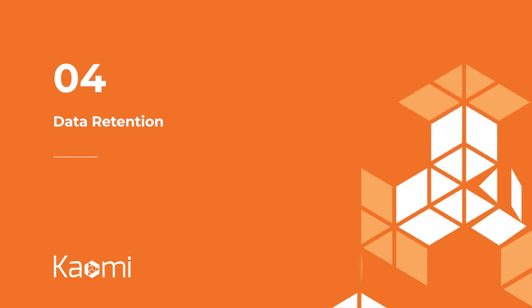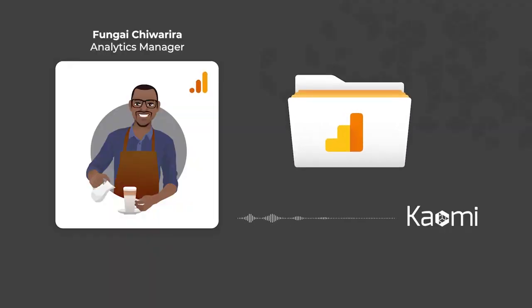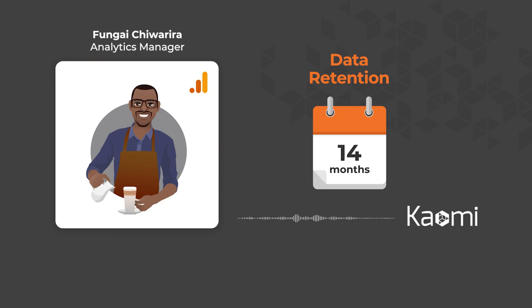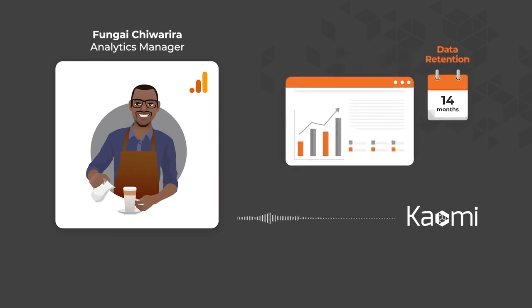We also have data retention as the fourth item on our list. While Universal Analytics stored your data for an indefinite period of time, in GA4 it expires after 14 months. This is especially important to note for businesses that have seasonal surges and lower seasons, right?